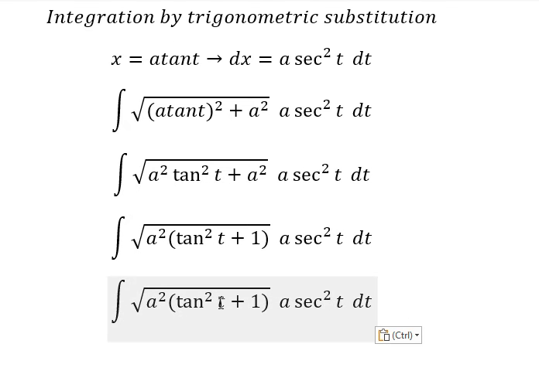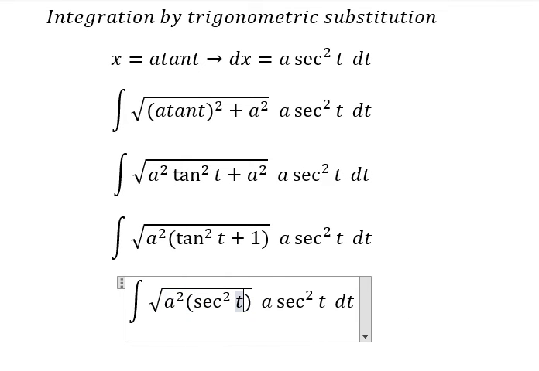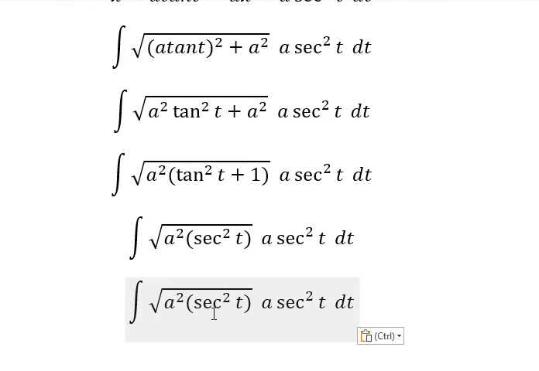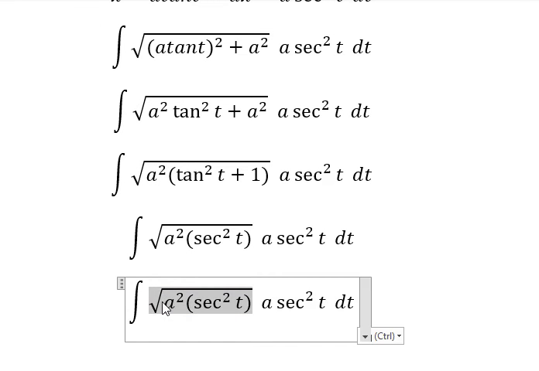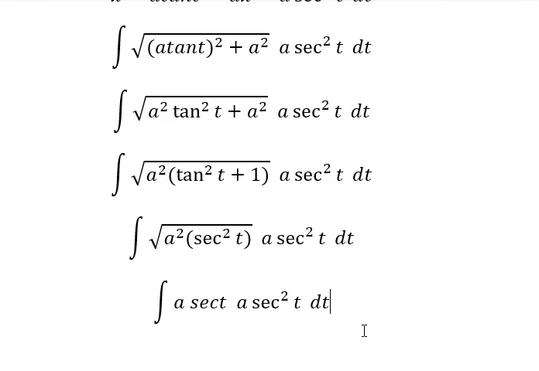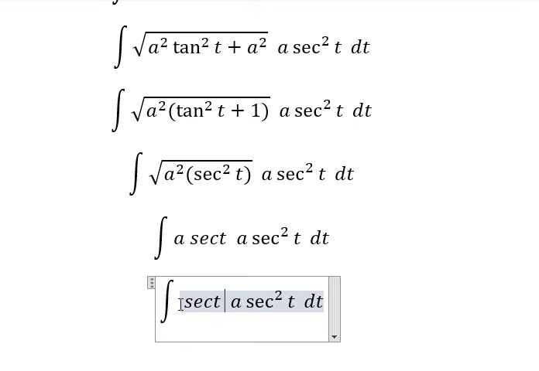Next, tan t square plus 1, we change to secant of t square. The square root of a square secant of t square, we have a secant of t. Next, a and a, we have a square.